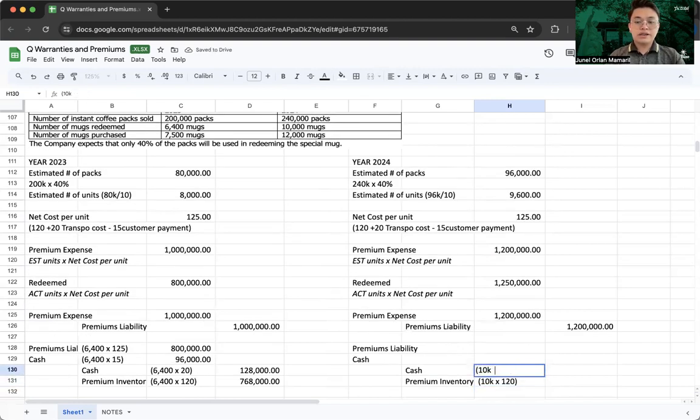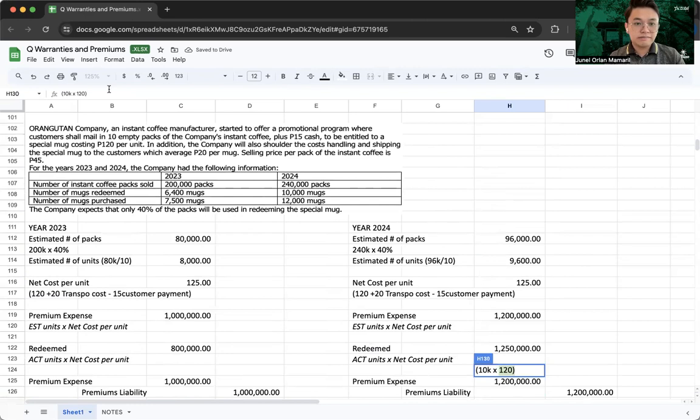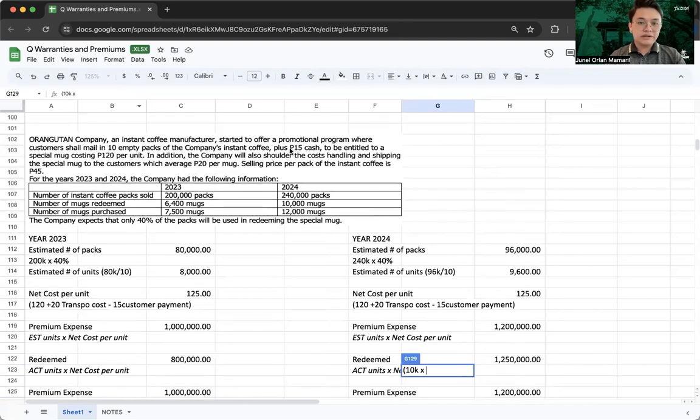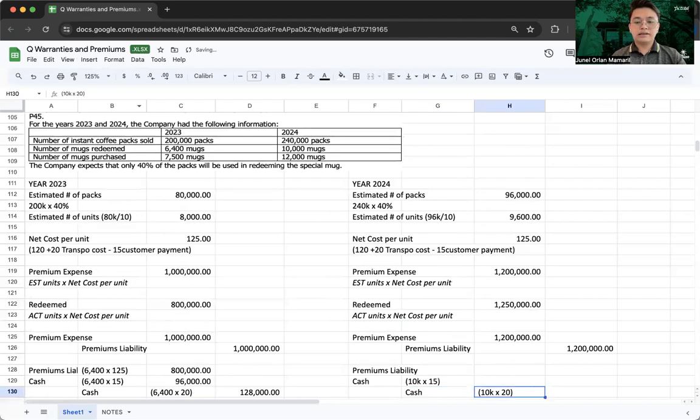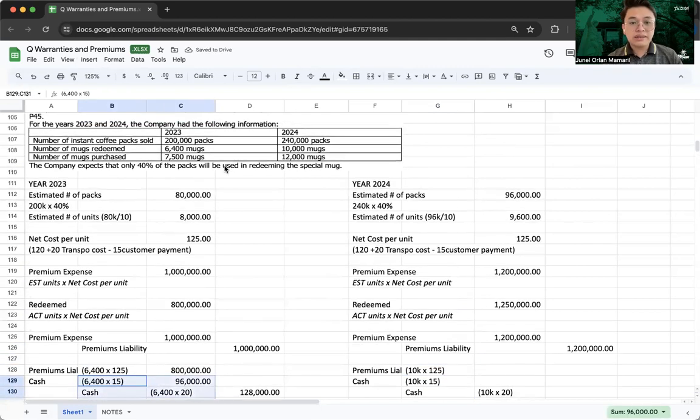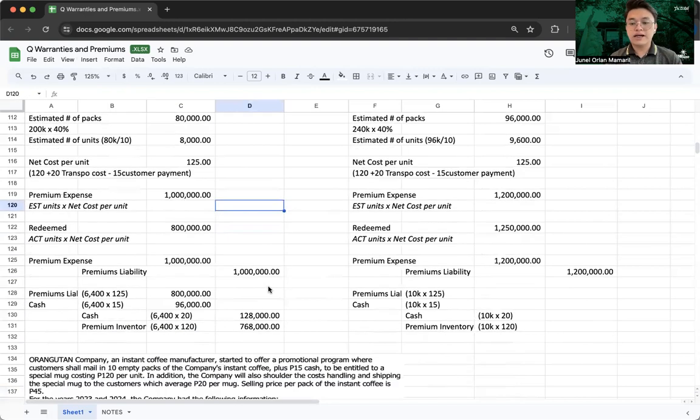Tapos, yung ating special mug, meron tayong babayarang transpo cost na 20. Okay? Tapos may babayaran si ating customer for each mug, 15. Kaya, yung ating net cost, 10,000 times 120 plus 20 minus 15, 125. It's basically reiterating the same point that we had from last year. Kaya ba lang nito, 10,000 yung ni-redeem natin, ni-redeem ni customer, as compared to 6,400 from last year.